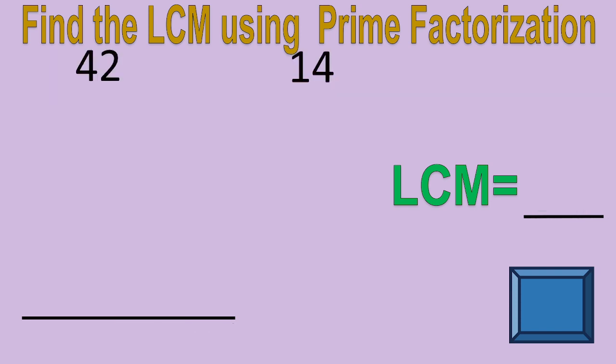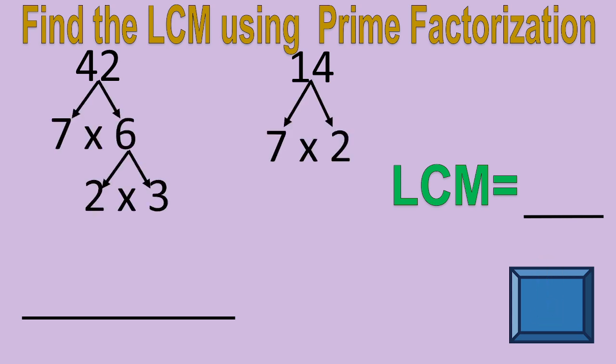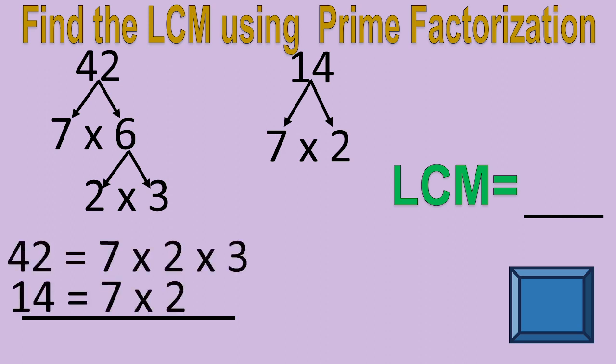Another: 42 and 14. Times up. The answer is: the prime factorization of 42 is 7, 2, and 3.